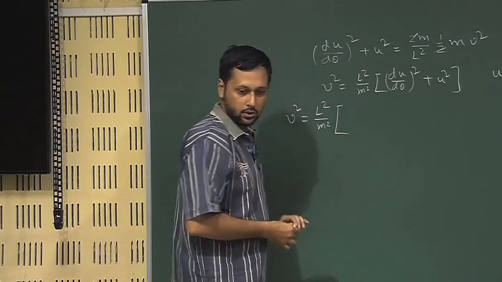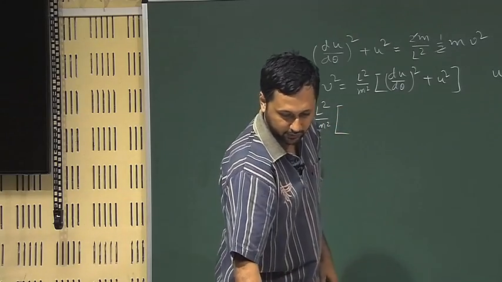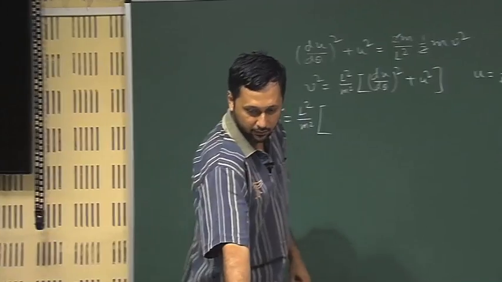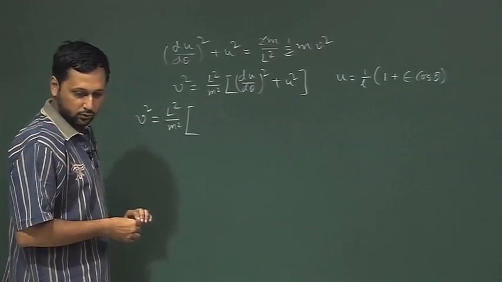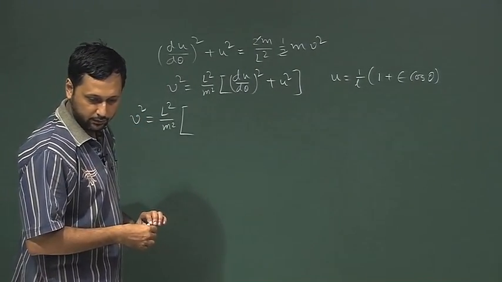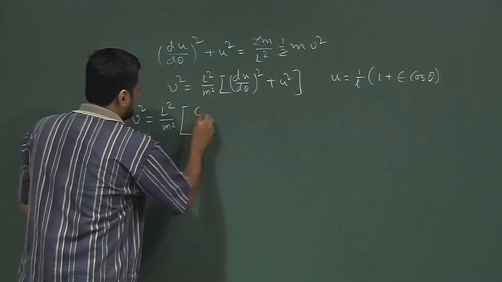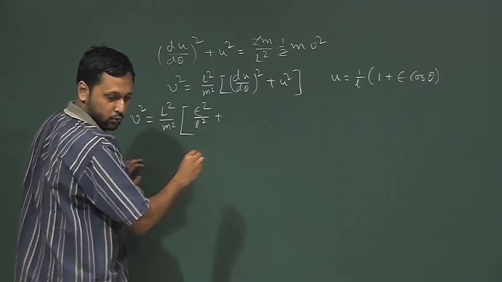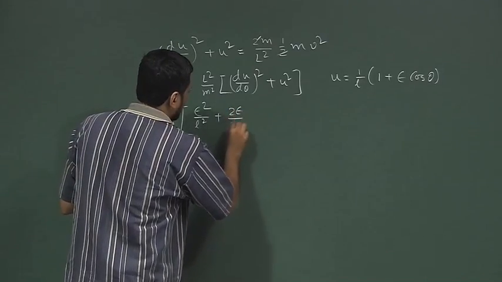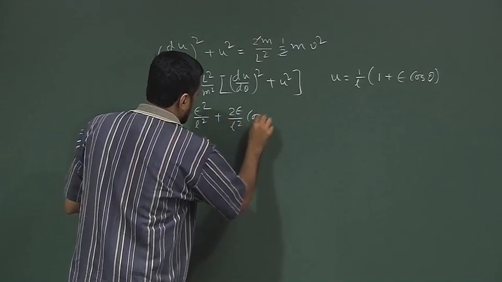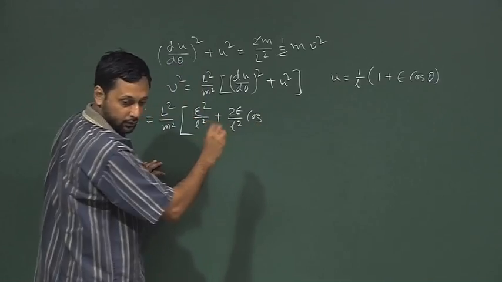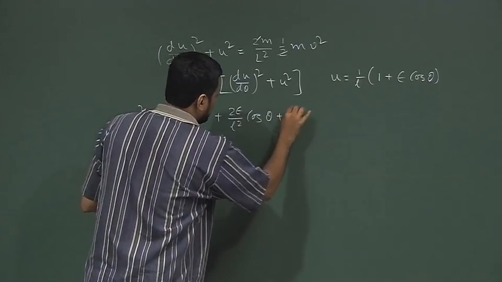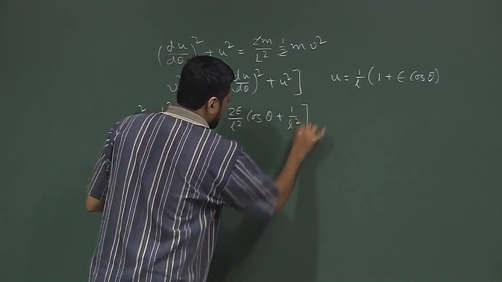reduce to, I will just give you the final form, because a similar calculation we just very recently did. It will be ε²/l² + 2ε/l² cos θ + 1/l².